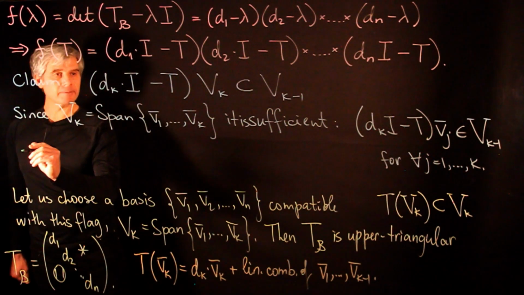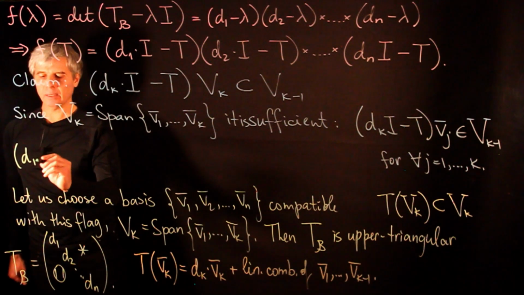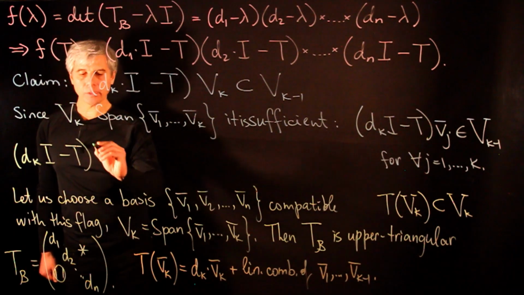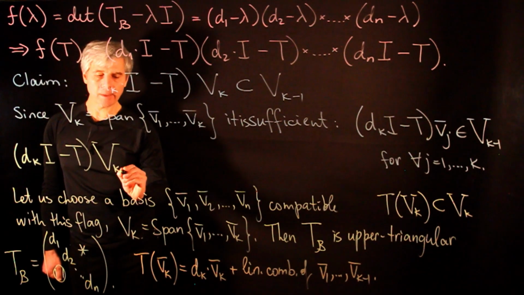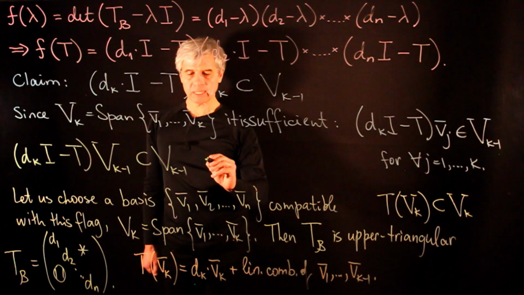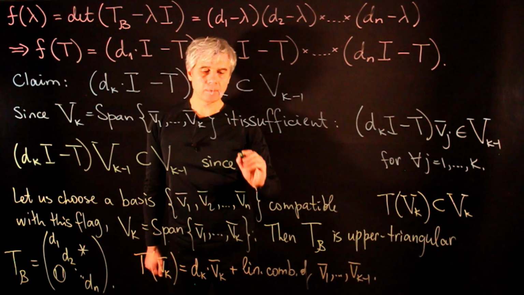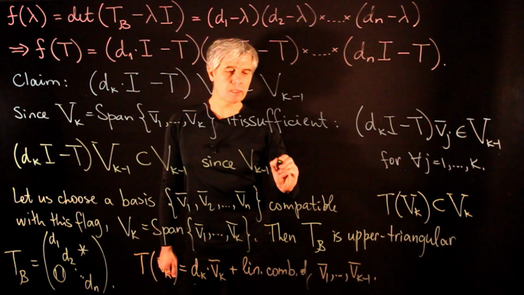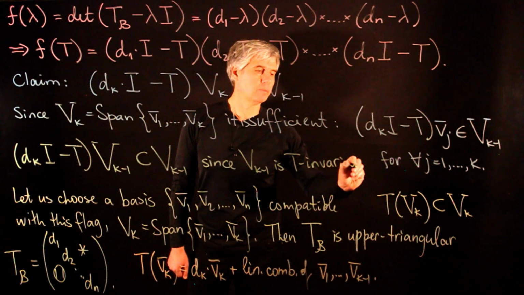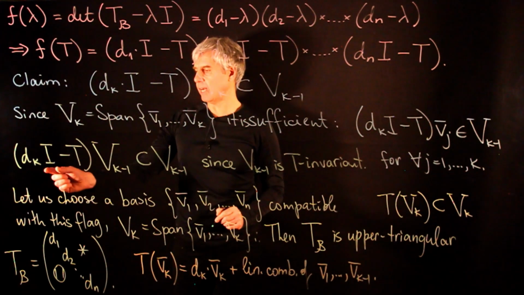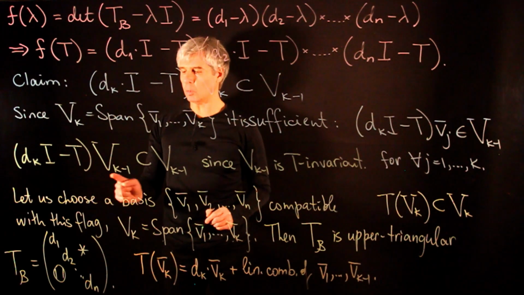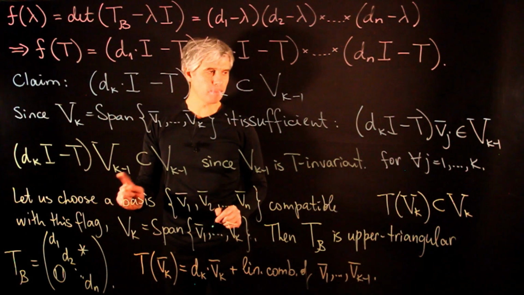We immediately have that dk times identity minus T acting on the space V(k-1) sits inside V(k-1), since V(k-1) is T invariant. So we have identity operator certainly preserves V(k-1), and T also preserves V(k-1).